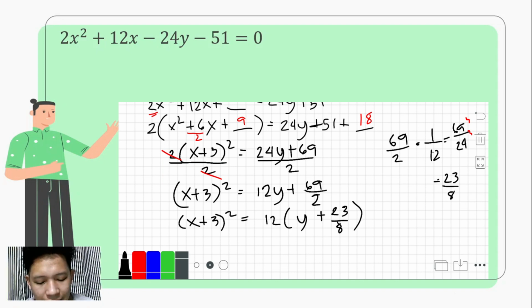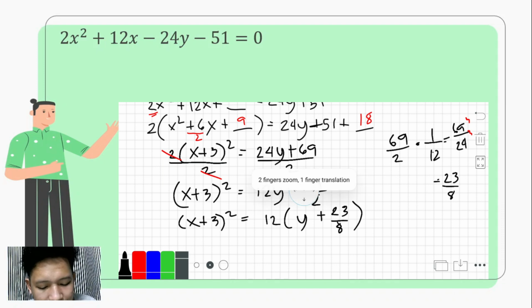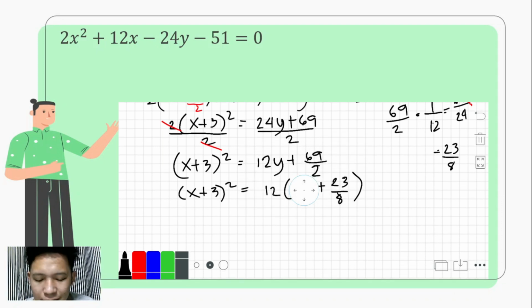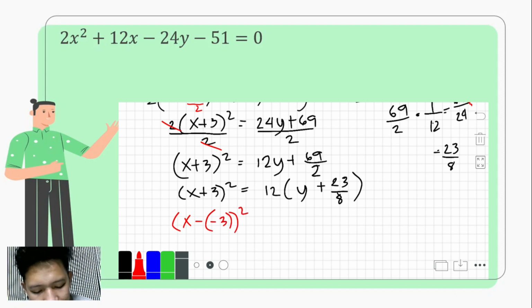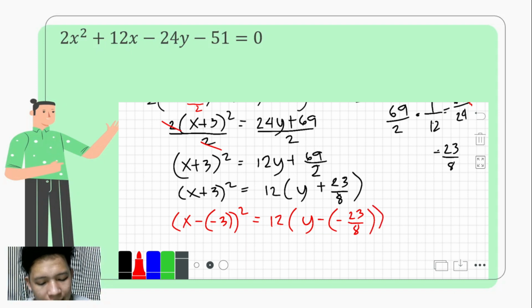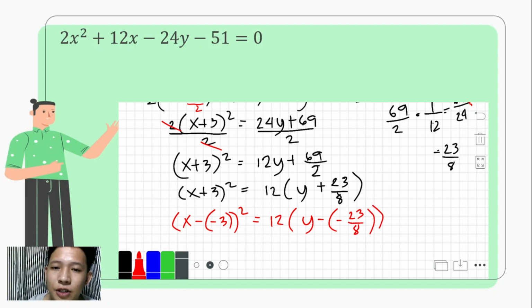So since what we have is a difference, that is x minus h. So we make it x minus h then. So we have x minus negative 3 squared equals 12 times y minus negative 23 over 8. Alright? And this is where we can extract all salient features of our parabola.